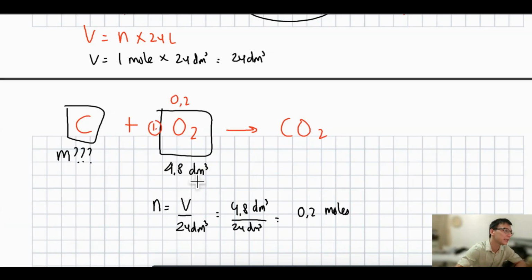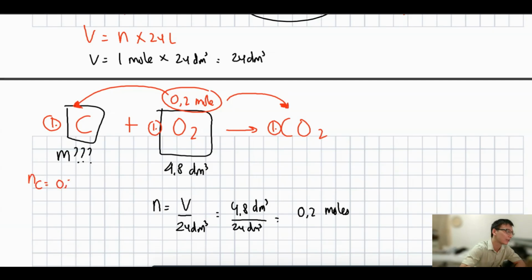Because the mole of oxygen is 0.2 and the coefficients are all the same, the mole of the oxygen would also be the same as the mole of carbon and the mole of carbon dioxide. So the mole of carbon will also be 0.2 mole. So if we are asked to find the mass of carbon, it will be mole of carbon multiplied by the Mr of carbon.